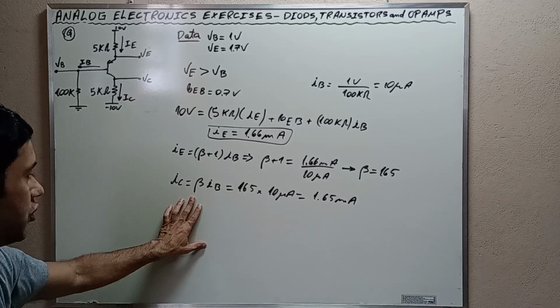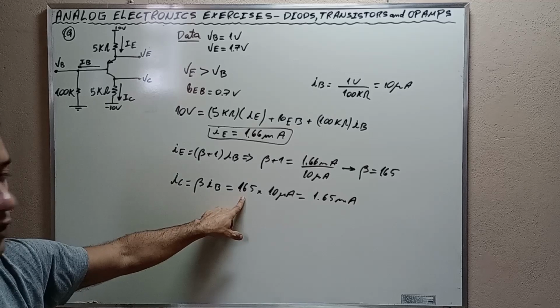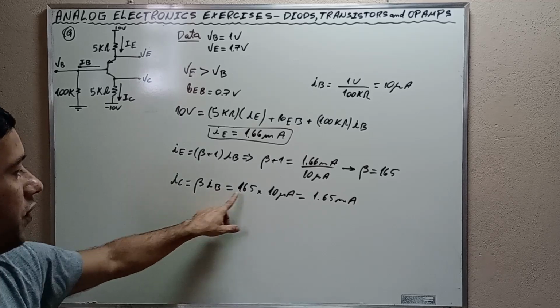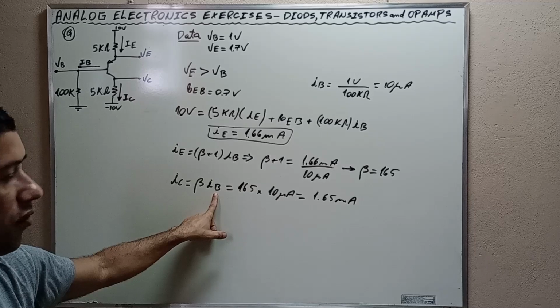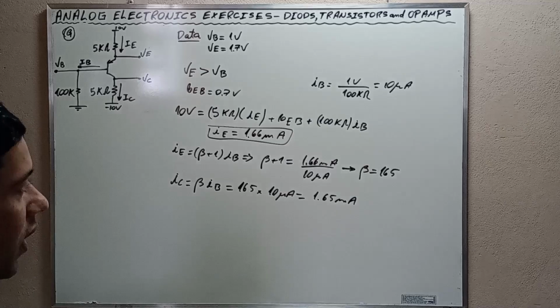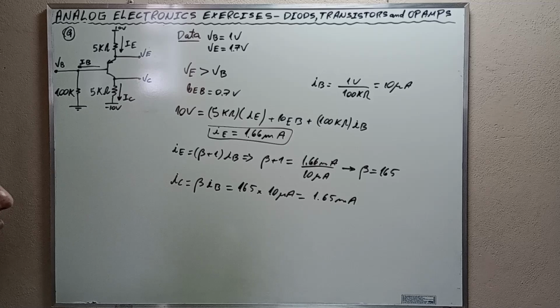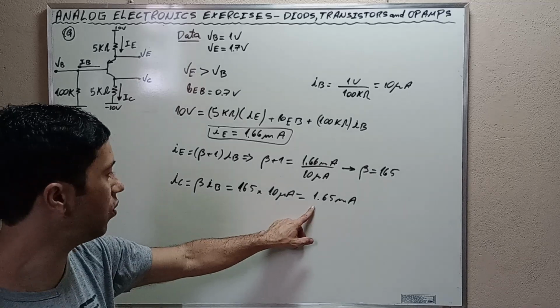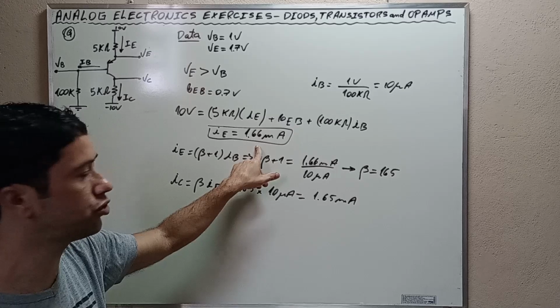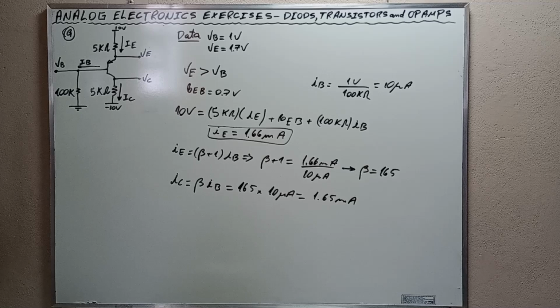This is the relationship between IB and IC. Beta is 165, and if I multiply this number by the value of IB, we find 1.65 milliamps. Pay attention to this because it is normal. It happens. The value of IC is very close to the value of IE. Then we have the certainty that we are working right, that what we're doing is right.